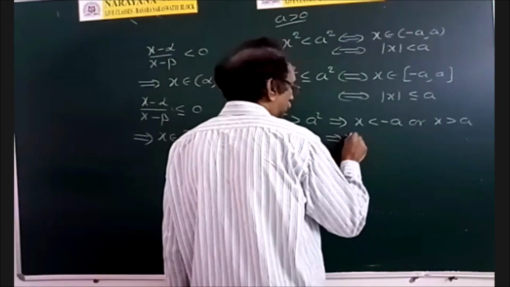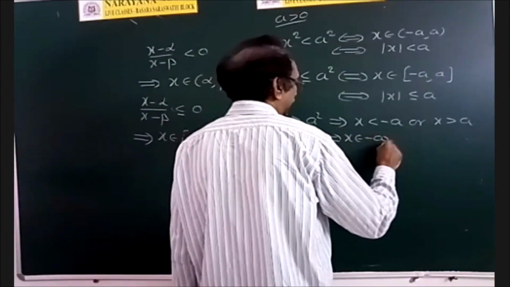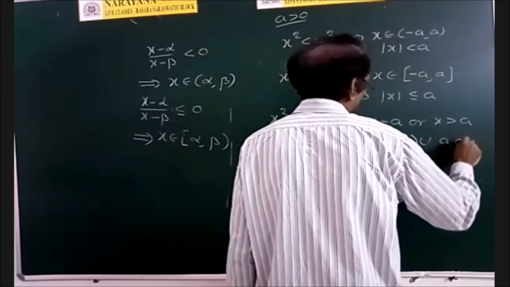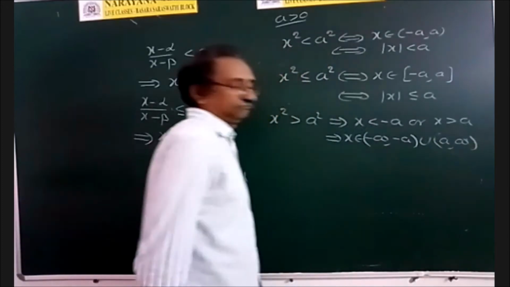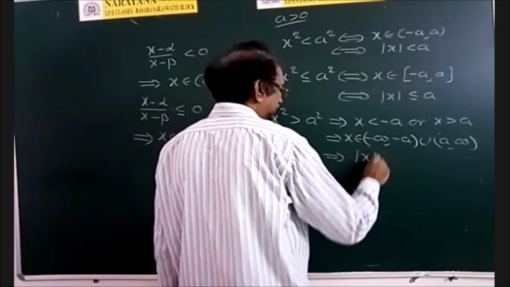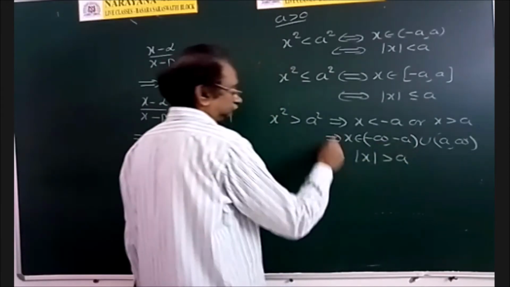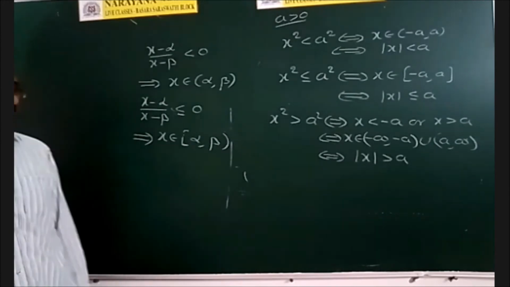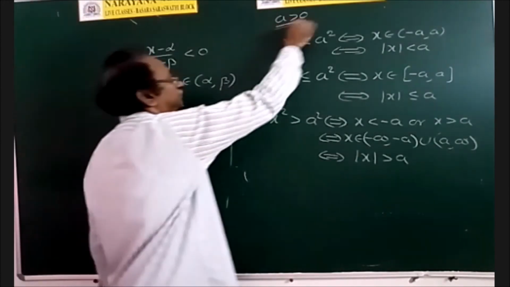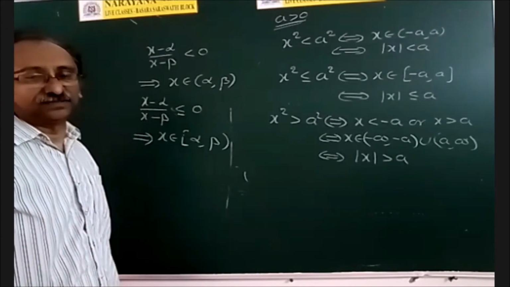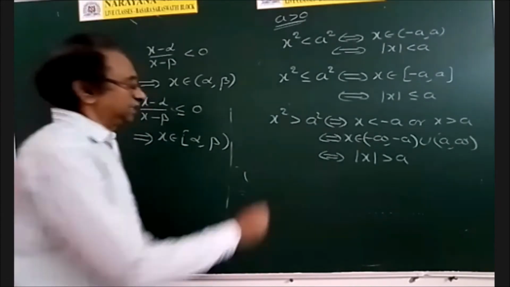Or in the interval form, x belongs to minus infinity comma minus a union a comma infinity. Or in modulus form, mod x greater than a. So mod x greater than a, where a is positive, remember, means x may be less than minus a or x may be greater than a.